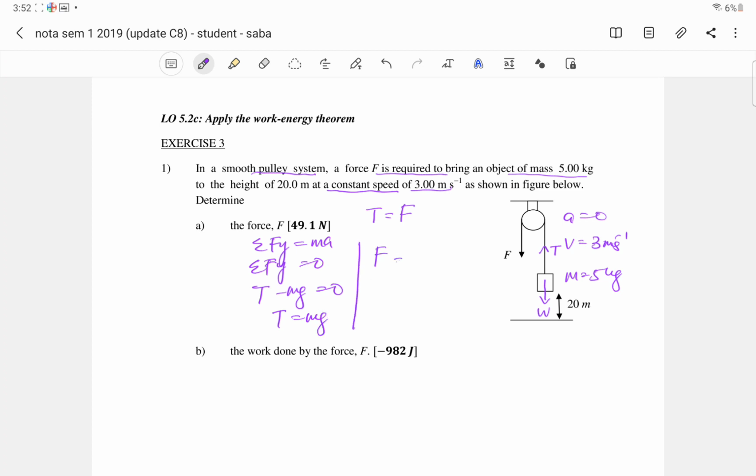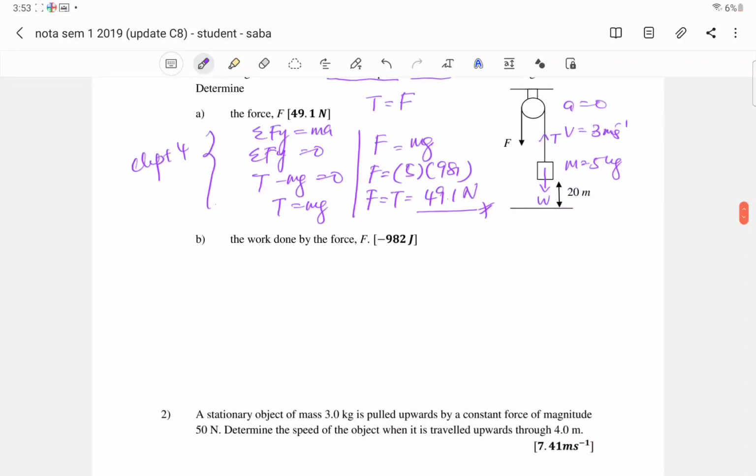So F is equal to mg, mass is 5, g is 9.81. So we have F is equal to 49.1 Newtons. This one we just apply chapter 4 actually.